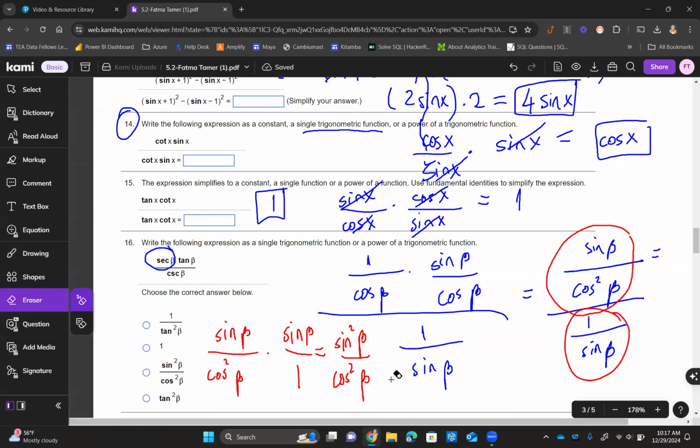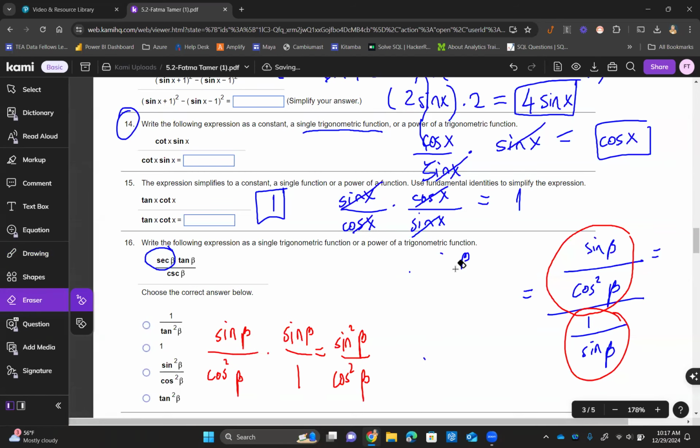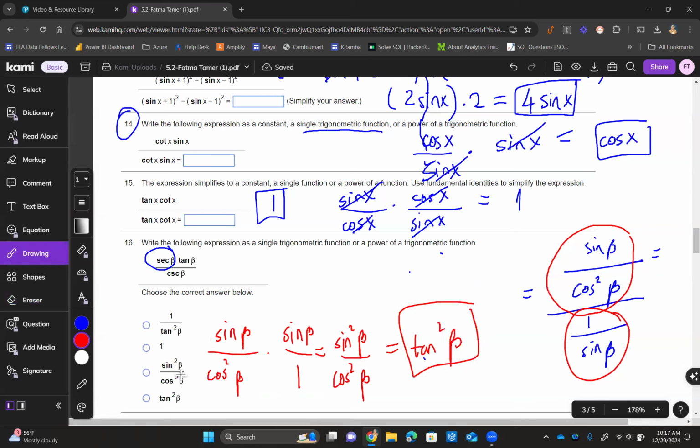Sine over cosine is tangent, so sine squared over cosine squared gives tangent squared of beta. This returns tangent squared of beta as the final answer for number 16. And this finalizes homework 5.2.